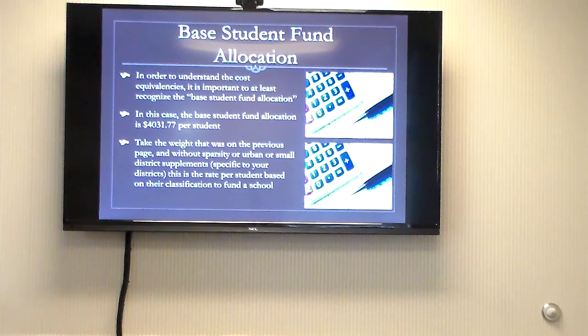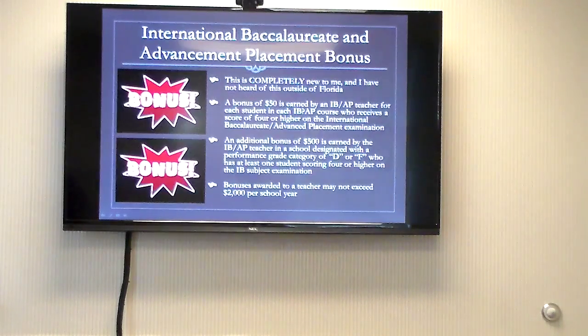That's how you classify what student rate you're getting to fund your school. I'm not worried about sparsity or urban or supplements like that. I think you can do that on your own, or that's district specific, and obviously some of you are in much smaller districts, so that's slightly different. So you can figure that on your own.